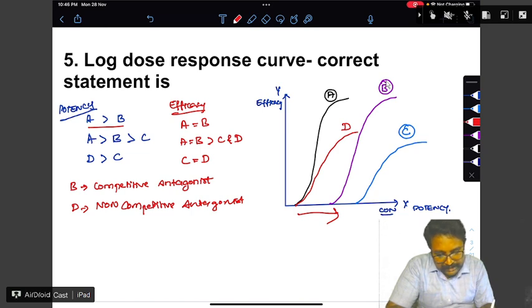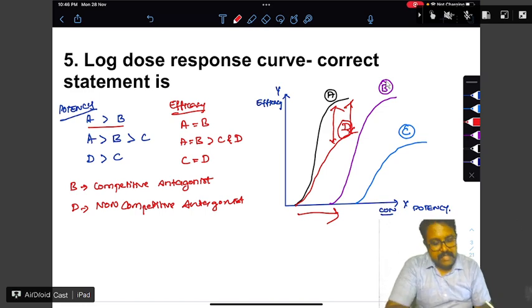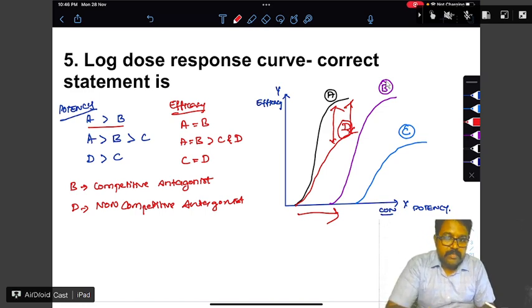You can see the height of the curve of drug D as well as drug A. This distance will tell you about the efficacy. So this general concept you should remember under the log dose response curve.